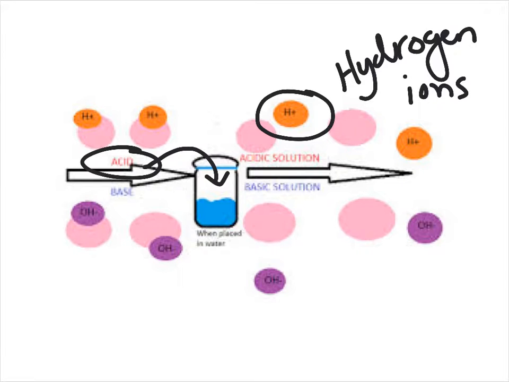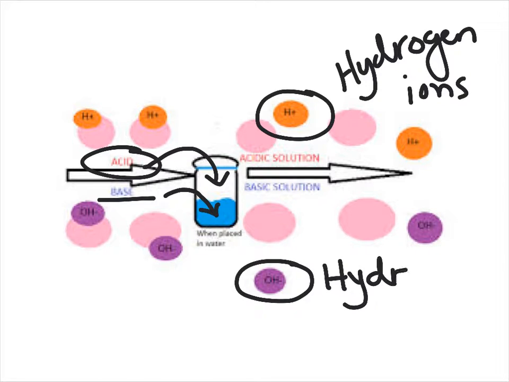On the other hand, a base is a substance that when placed in water is going to release hydroxide ions. So that OH minus is hydroxide and the H plus is hydrogen.